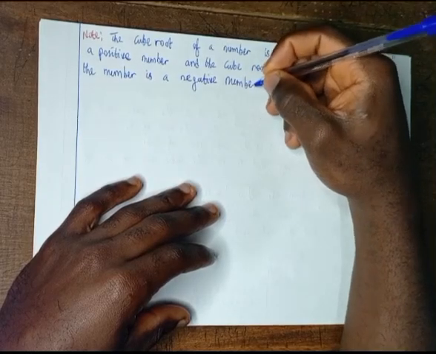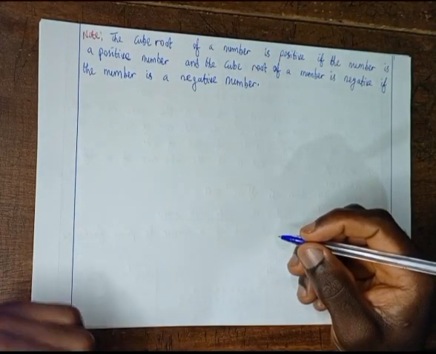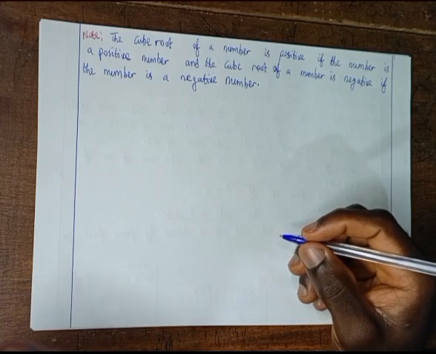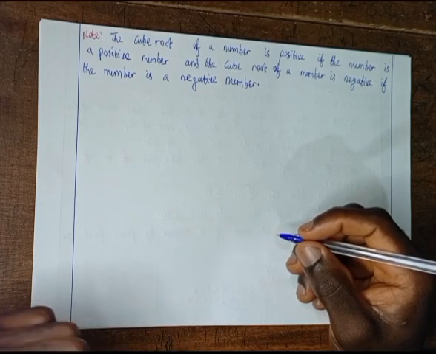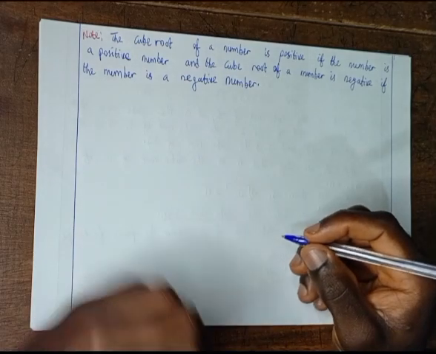So you take note of this. The cube root of a number is either positive or negative. So it depends on whether the given number is a positive number or a negative number.